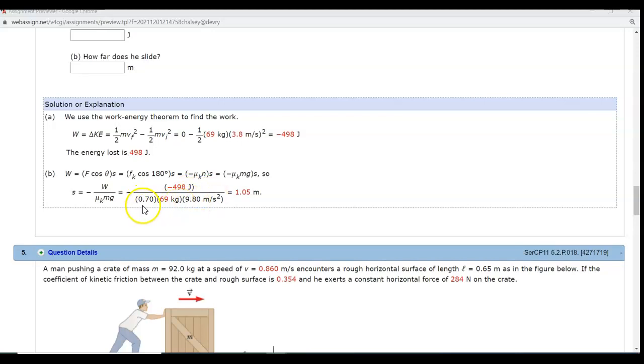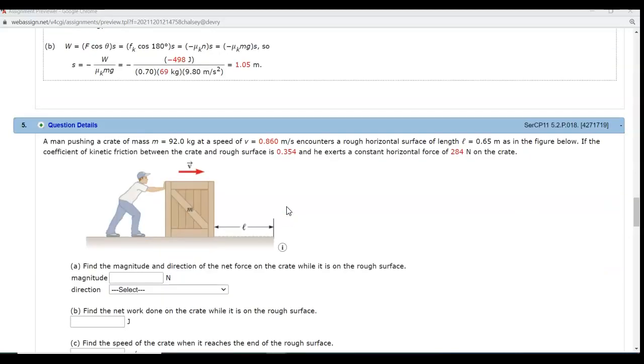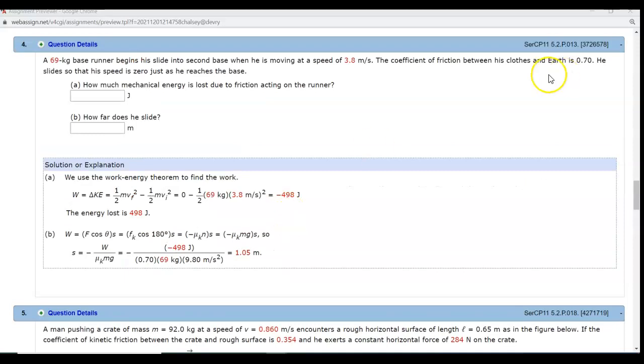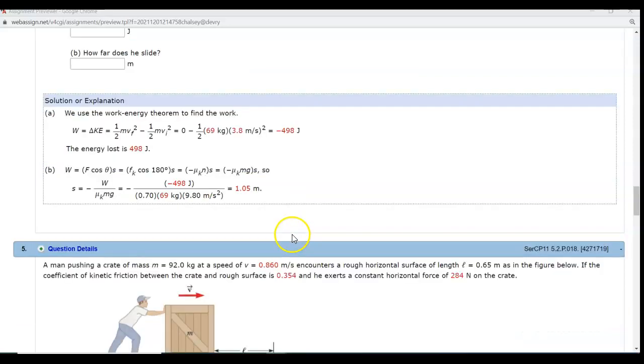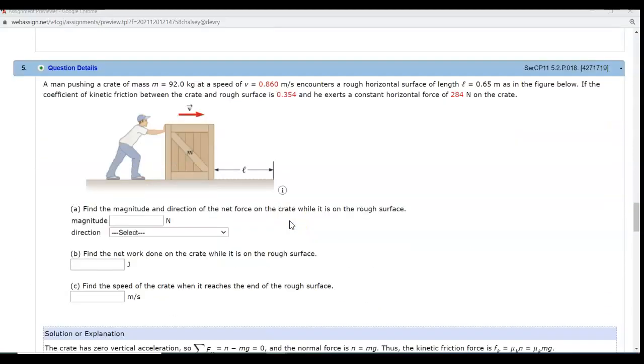We divide that by the 0.7 that was given for the coefficient of friction times the mass that was given for the runner times 9.8. And that gives us a distance of 1.05 meters, just over 3 feet.